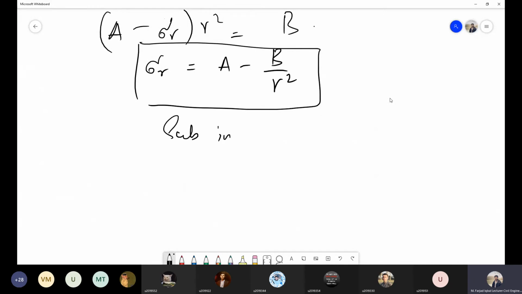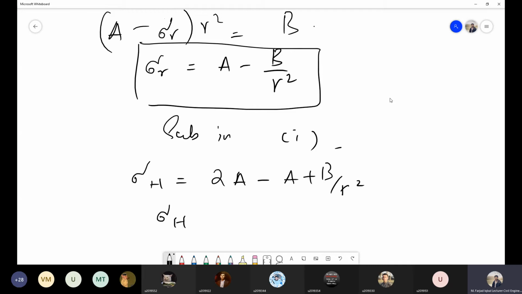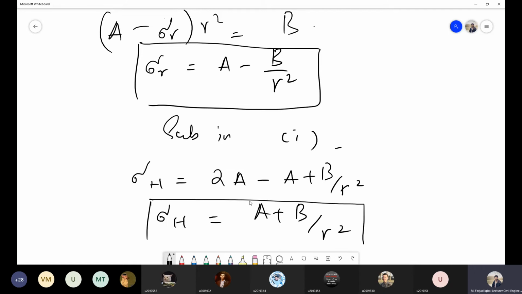So if I substitute it in 2, I will get this equation, that is sigma h is equal to 2a minus a plus b over r square, and that equation will be a plus b over r square, right? So this will be my equation for hoop stresses, and this one is my equation for the radial stresses.